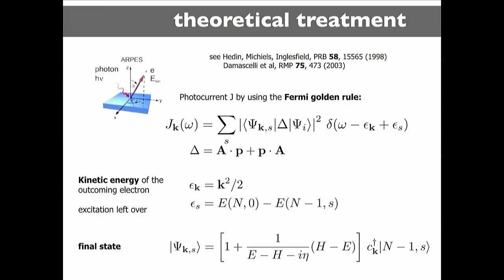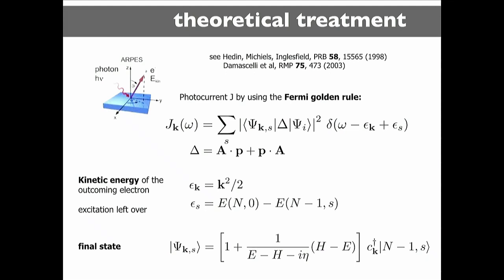So, theoretical treatment: this is very well established. Here I've listed a couple of reference papers, and we can start using the Fermi golden rule if we want to describe this process.